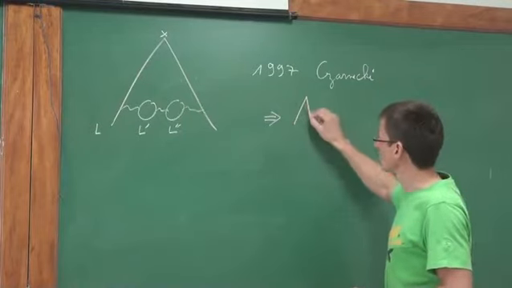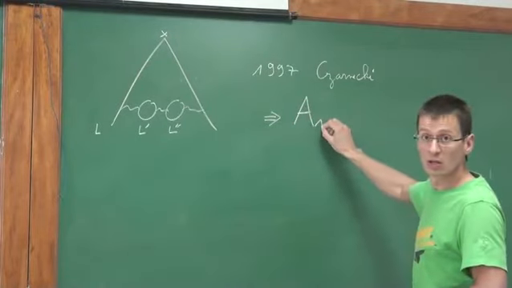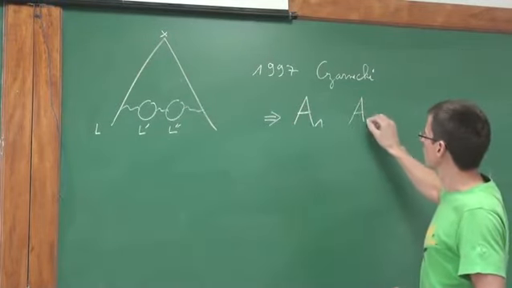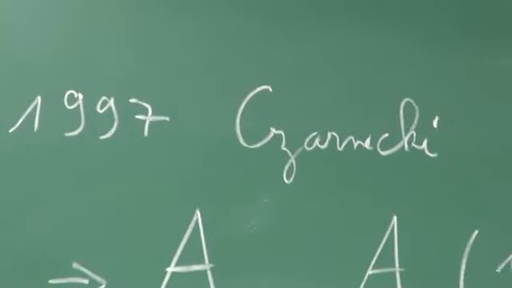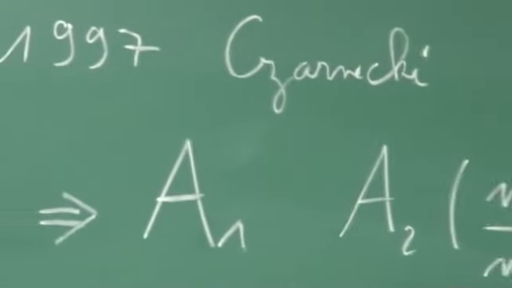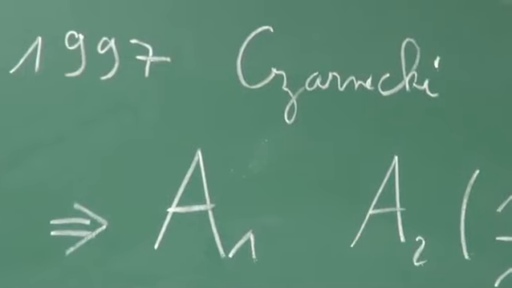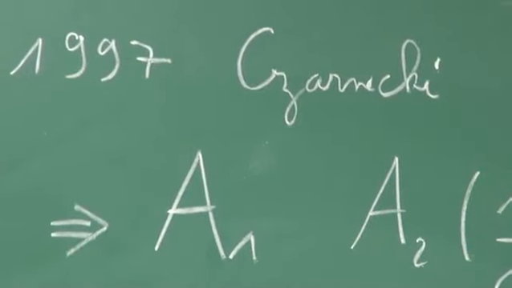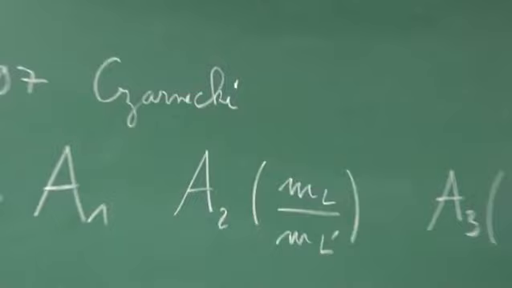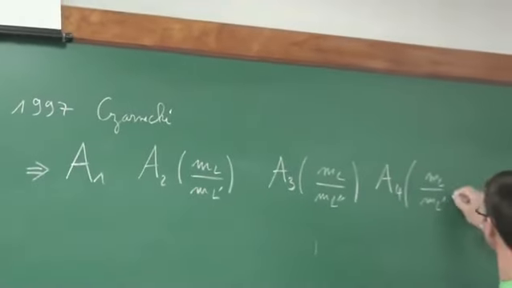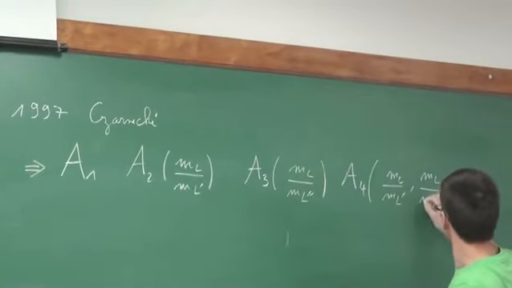I showed you, remember, A1, A2 of ML over ML prime, A2, A3 over ML over ML7, and A4 of ML over ML prime, ML over ML7.